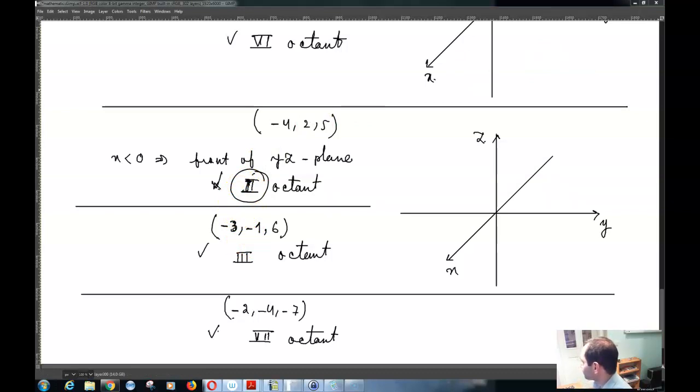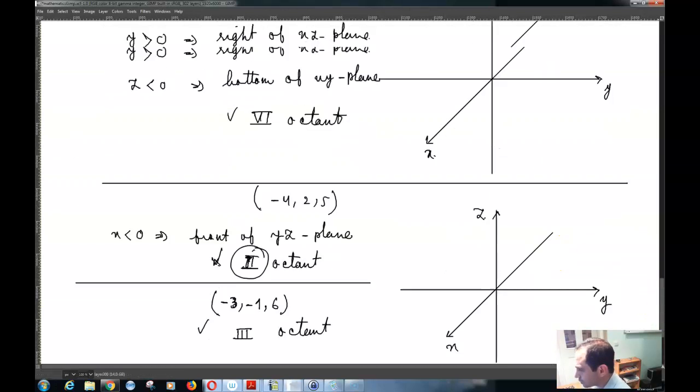Now there are a couple of fill in the blanks. Let me write these sentences over here.